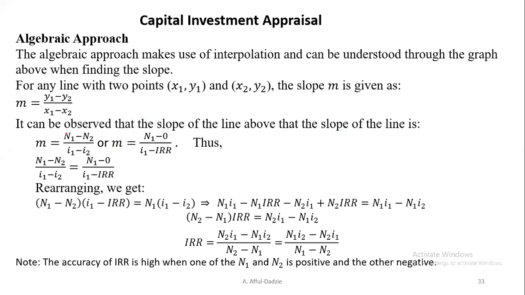So we take NPV1 minus NPV2 over the first interest rate minus the second interest rate, or we can also have NPV1 minus 0, all divided by I1 minus the internal rate of return.